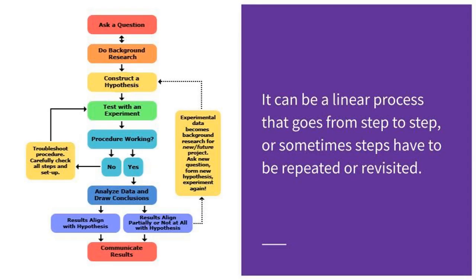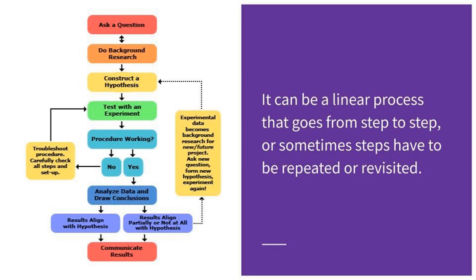The last thing I want to mention before having you all do your own practice in identifying the steps of the scientific method is that oftentimes our scientific method is a linear process that goes from step to step, like we just did. You ask a question, you make an observation that leads you to that question, you create a hypothesis, you test that hypothesis, and then you get a conclusion.